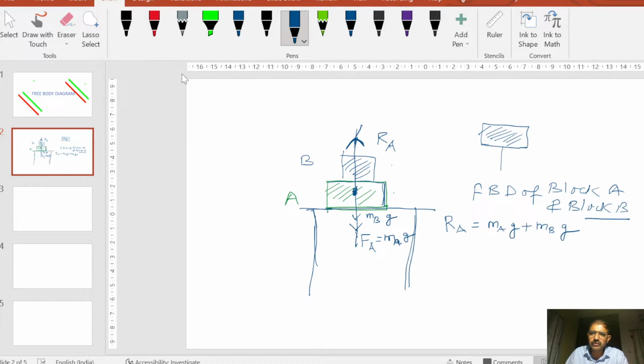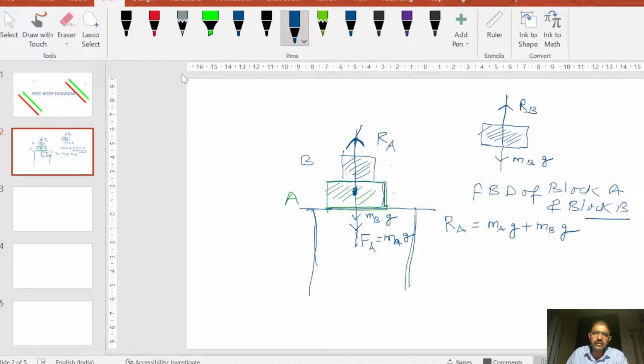One important force is that earth pulls every object towards its center by a force equivalent to its weight. So Mbg is the force provided by the earth. Now, as we have discussed, this block is in contact with block A. So if B provides a force Mbg, then block A will also provide a force on block B in the upward direction, and I say that is equal to Rb.